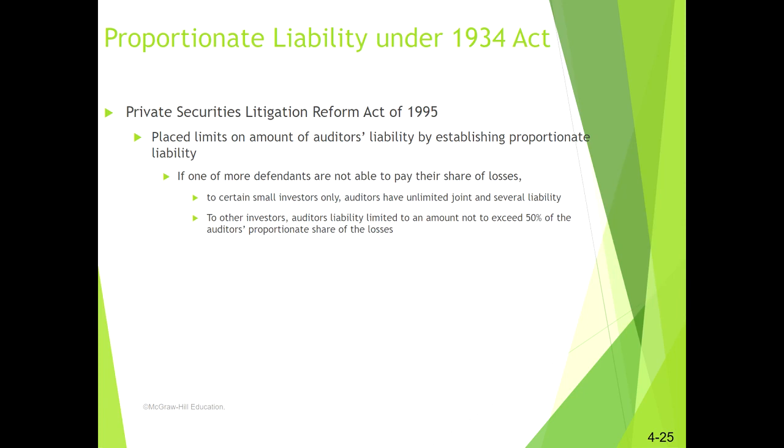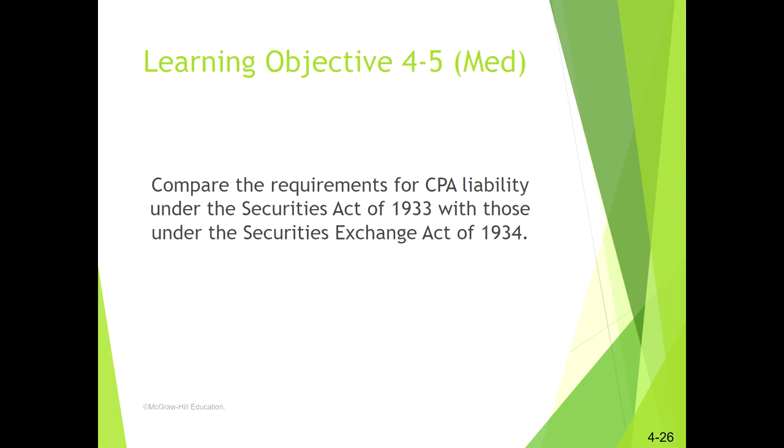But then to most other investors, the liability was limited to where they couldn't exceed 50% of the share of the losses, right? And so those are the three acts: the Securities Act of 33, of 34, and then this revision through the PSLRA of 1995. Okay, so going a little bit deeper here into these statutory acts.